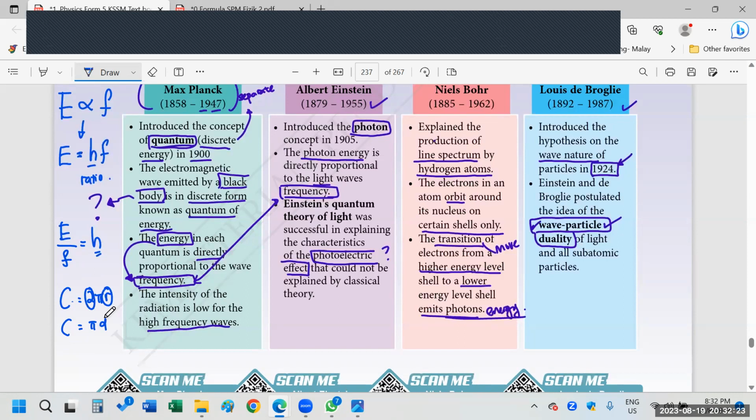2r actually is 1d. So we say what? We say the circumference is directly proportional to the diameter. So if we change to an equal sign, it must be a constant. So we will get pi.